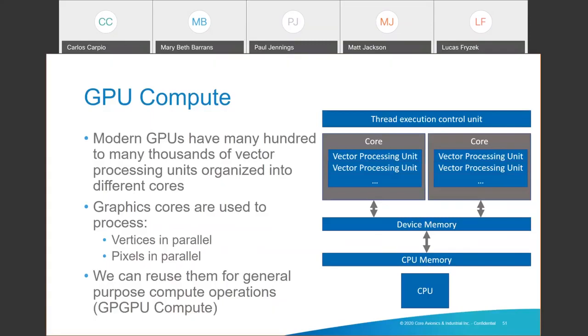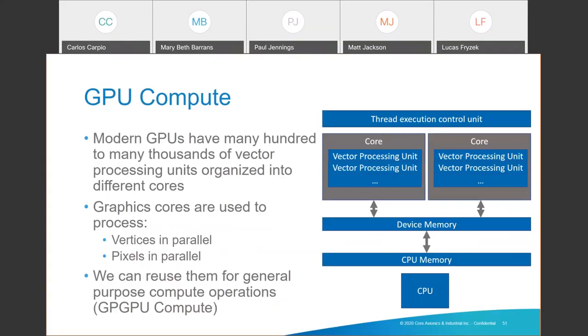So modern GPUs follow a similar architecture where they have hundreds to thousands of vector processing units organized into different cores. And on the right, I have an example of this. So you'll have one core that'll have some number of vector processing units in it. And typically these units are used in graphics to process vertices or pixels in parallel.